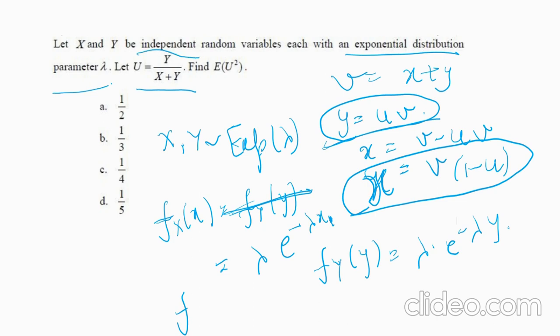These are independent, so f_XY will be equal to what? It will be lambda square e to the power minus lambda (x plus y), right? Now x plus y is what?